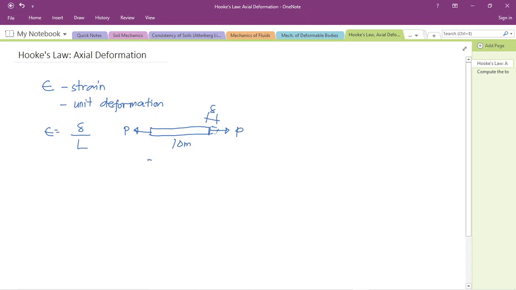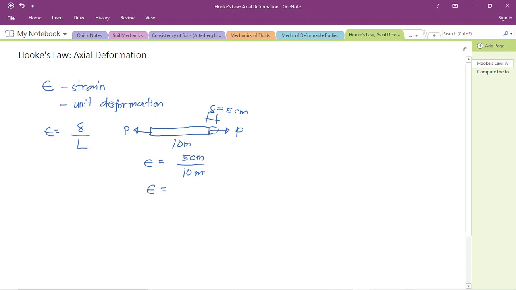So, therefore, the strain now will be equal to, let's say, this is equivalent to 5 centimeters. So, let's say nag-deform siya ng 5 centimeters from its original length na 10 meters. So, the total deformation is 5 cm divided by its original length, which is 10 meters. So, what is now the strain?